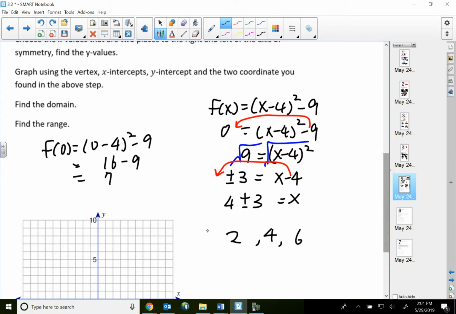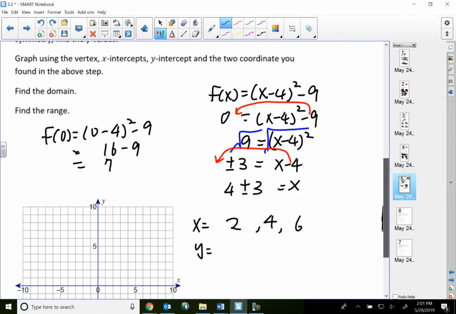Then I need to find the y value. Let's plug in 2 right here. If I plug in 2, there will be (2 minus 4) squared minus 9, which gives me (-2) squared, which is positive 4, minus 9, which is -5.